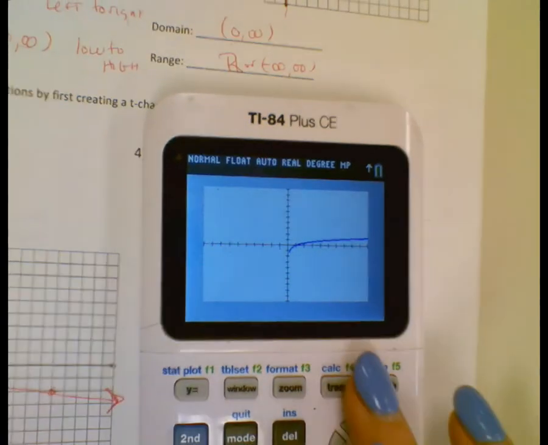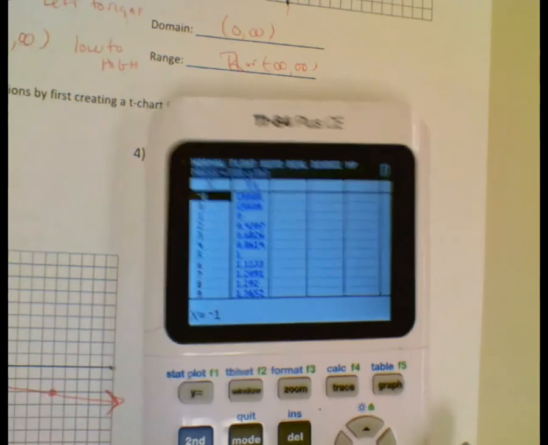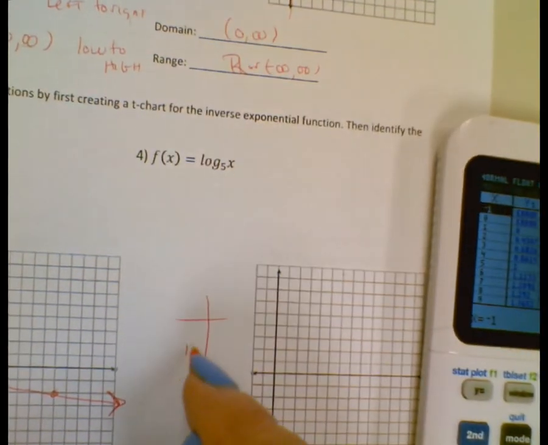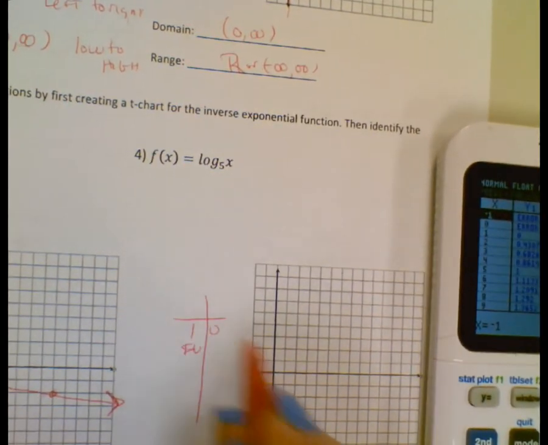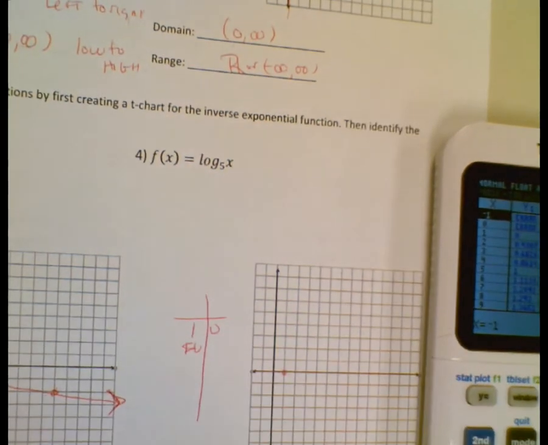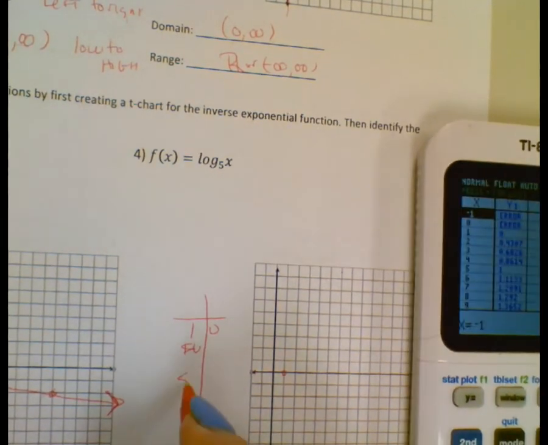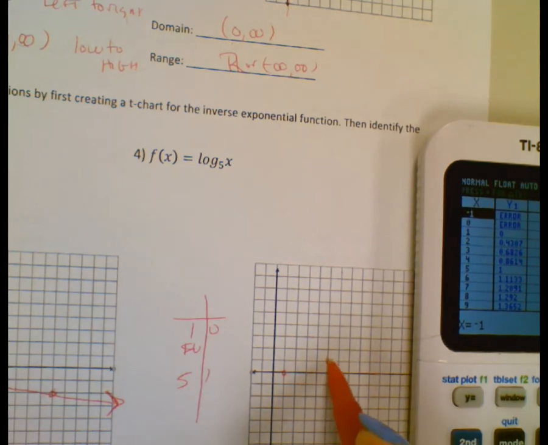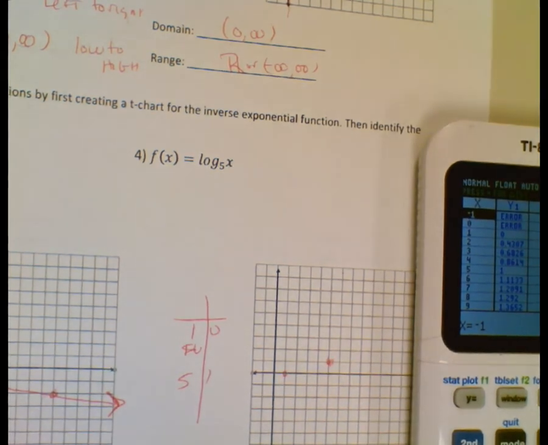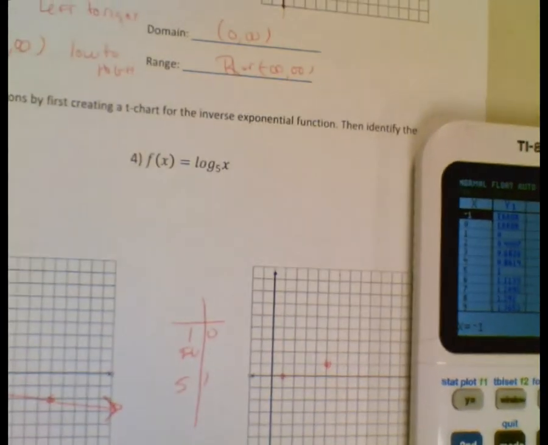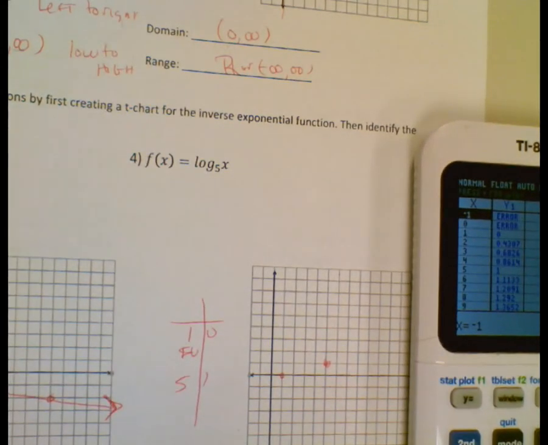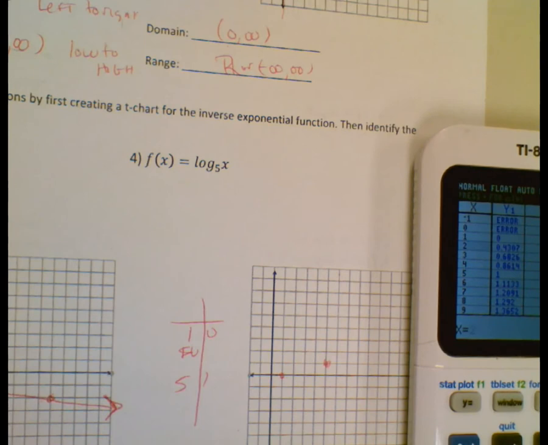So let's press second graph. So I see a 1, 0. So there's 1, 1, 0, and I'm going to plot 1, 0. I see a 5, 1. 2, 3, 4, 5, 1. And then the next one, if you kept scrolling, would be like 25 and 2. I don't really want to scroll that long.